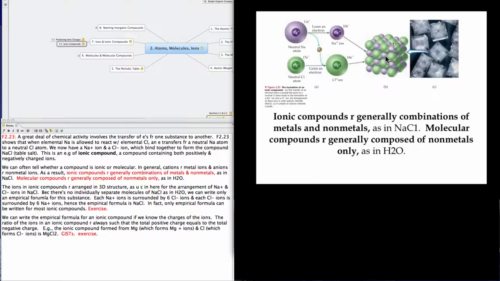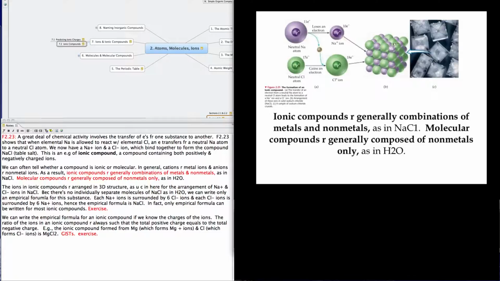If you look closely at this network, each sodium ion is surrounded by 6 chloride ions: 1, 2, 3, 4, and then 5, another one behind it, and then 6, another one in front of it, but it's not pictured here. Likewise, each chloride ion is surrounded by 6 sodium ions. So the empirical formula is NaCl. In fact, only empirical formulas can be written for ionic compounds.